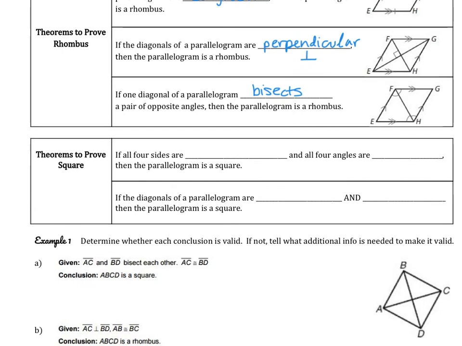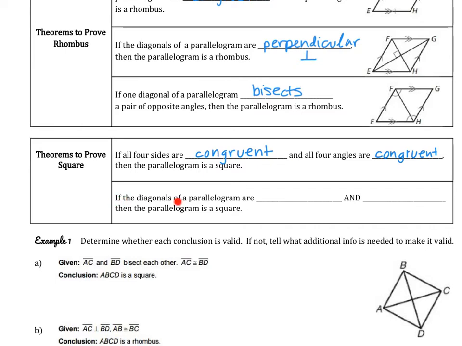Okay, and to prove that a parallelogram is a square, of course, we could say if all four sides are congruent and all four angles are congruent, then the parallelogram is a square. It's the definition of a square.